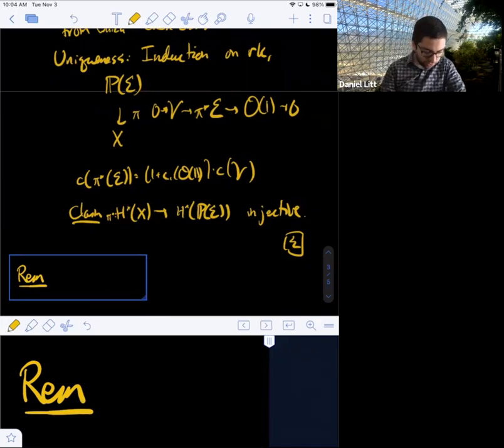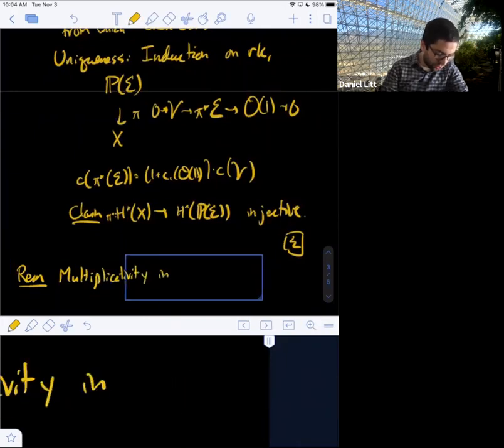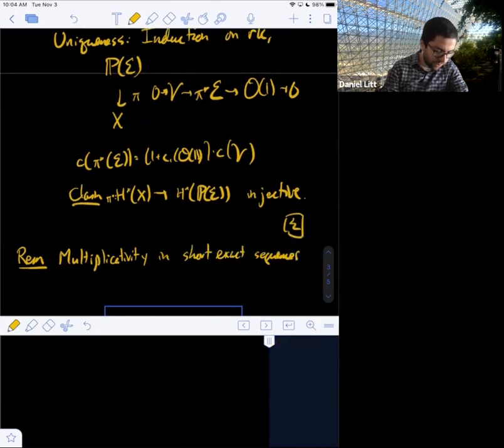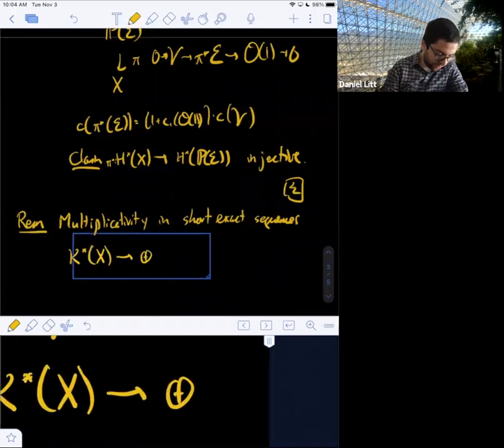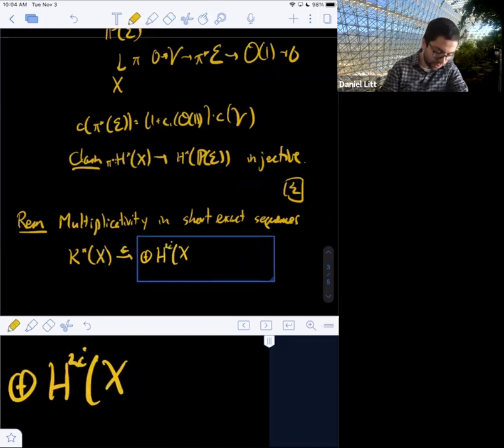So the remark is that this multiplicativity in short exact sequences means that we actually get a map from the K group of X to, if you like, this total Chern class to this direct sum over i of cohomology groups with coefficients in Z_l(i).